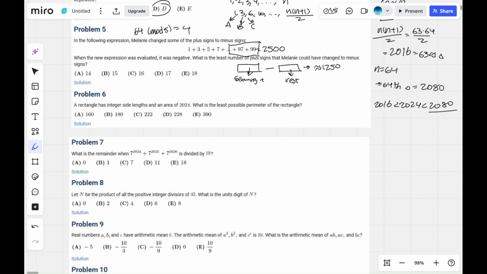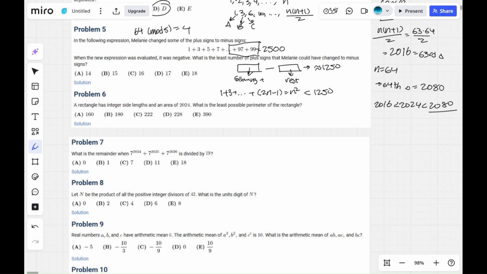So basically we want to find a number n so that this sum, which is equal to n squared, is less than 1250. And we want to find the greatest possible n such that this is true.